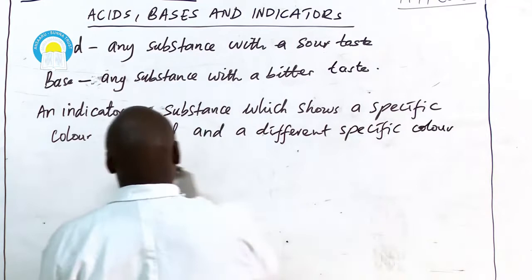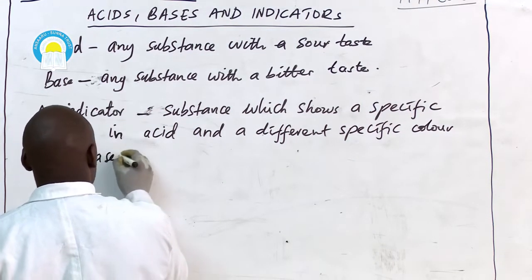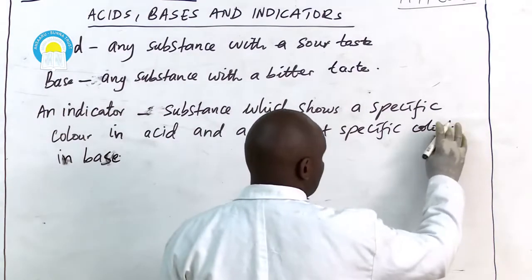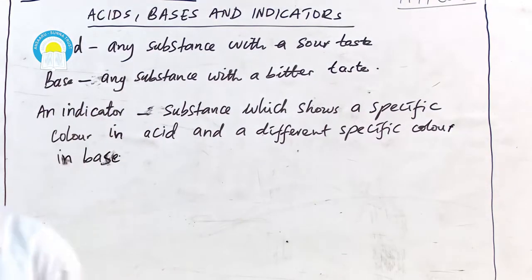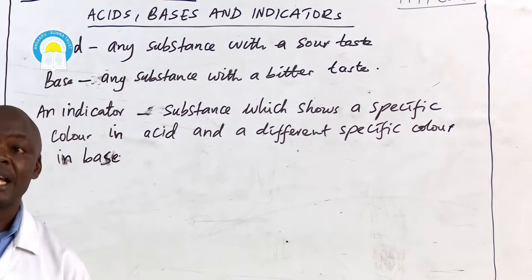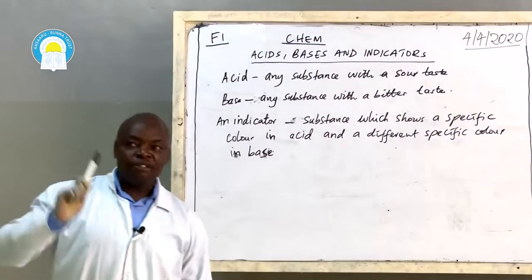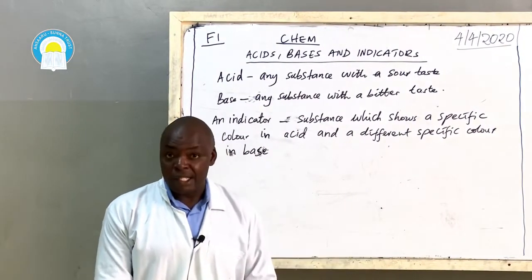That is how indicators classify substances as either acids or bases. All solutions of acids will show a specific color, while all solutions of bases will show a different specific color from the one for acids.